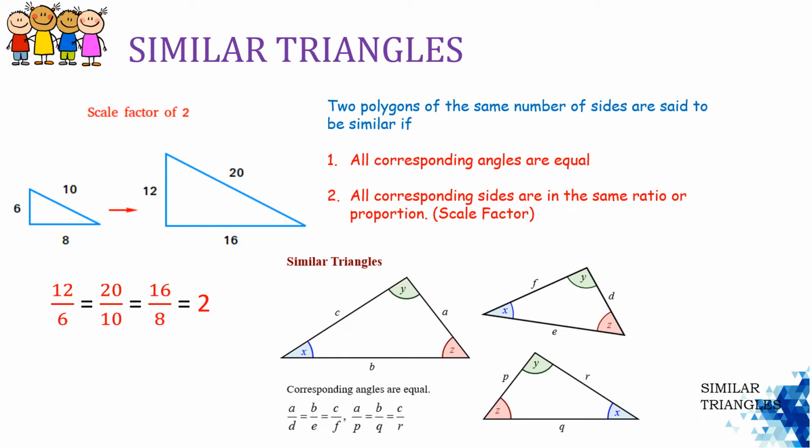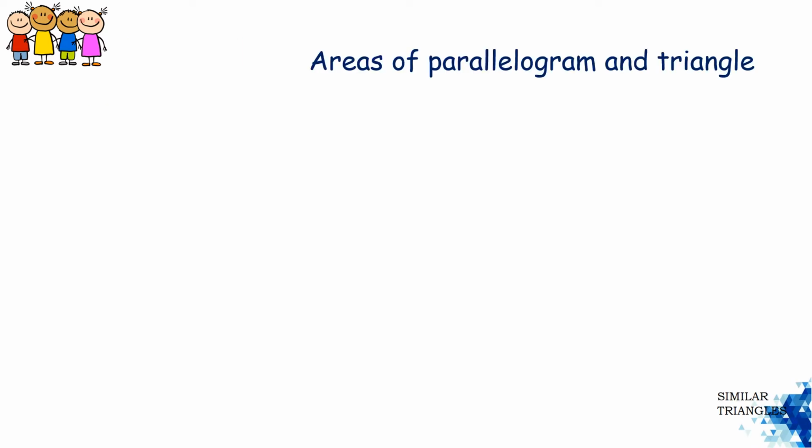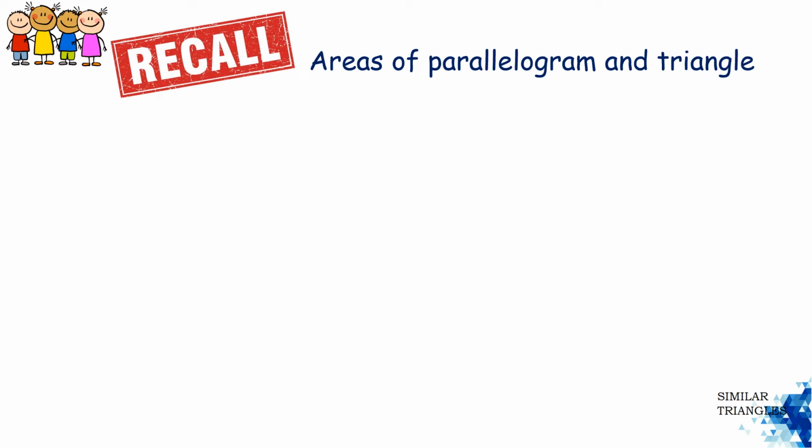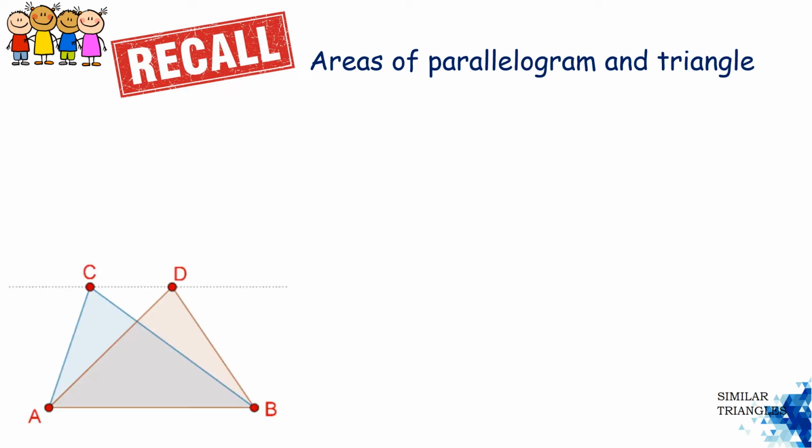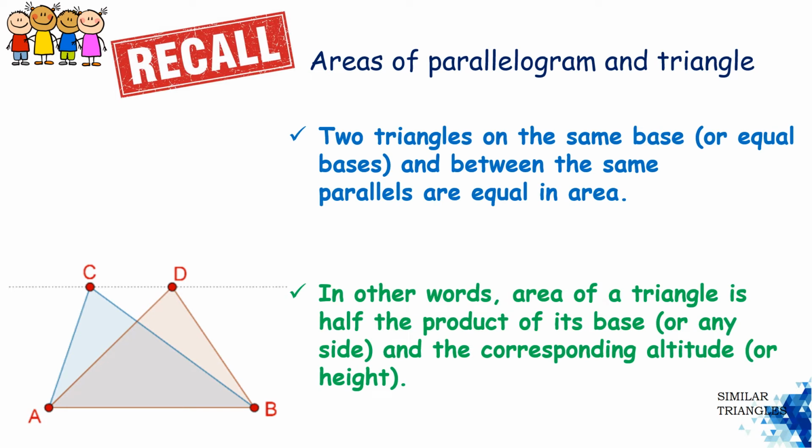Okay. So now we need to recall a few things to prove the BPT theorem, that is the basic proportionality theorem. I think you know this already. Areas of parallelogram and triangle, which is a very important topic we have learnt in class 9. Am I right? So if I take any two triangles on the same base and lying in between the same parallels, then the area of those two triangles is equal.